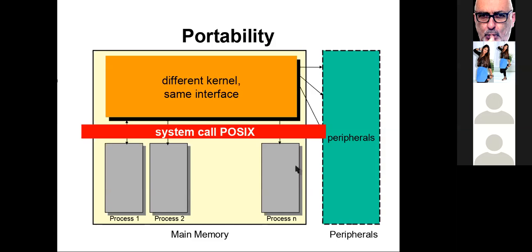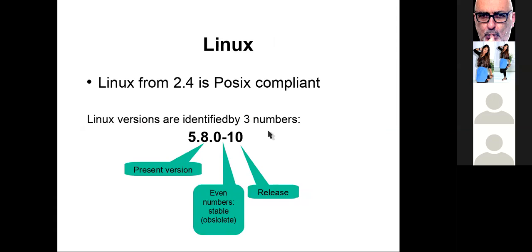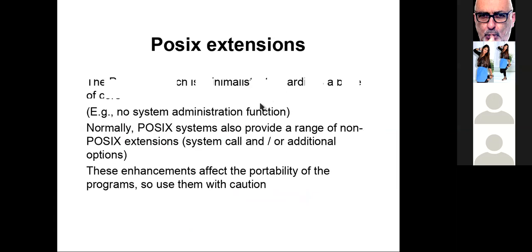So the Posix is exactly at this level. It usually is a dotted line that separates the user space and kernel space. And this dotted line is the Posix interface. But in any case, you have to recompile your code. This is the Linux version, so not very important.